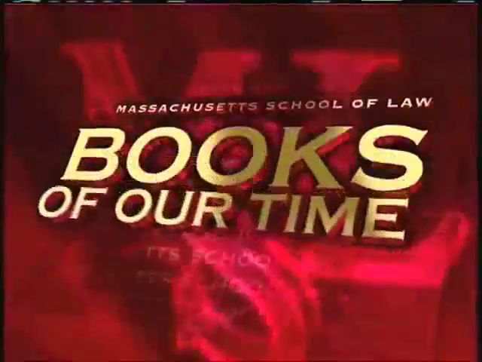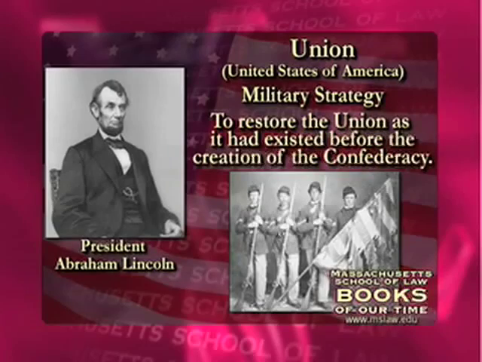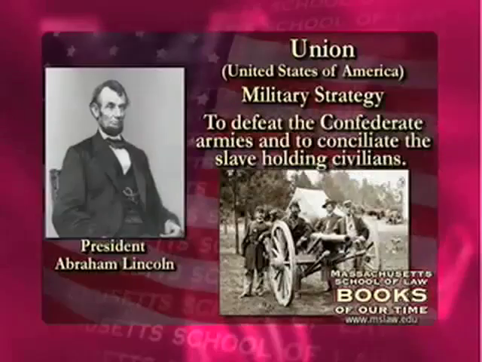The initial policy or war aim of the Lincoln administration was to restore the Union as it had existed before the creation of the Confederacy. Well, how do you do that? Do you do that by defeating Confederate armies but conciliating the civilian population?